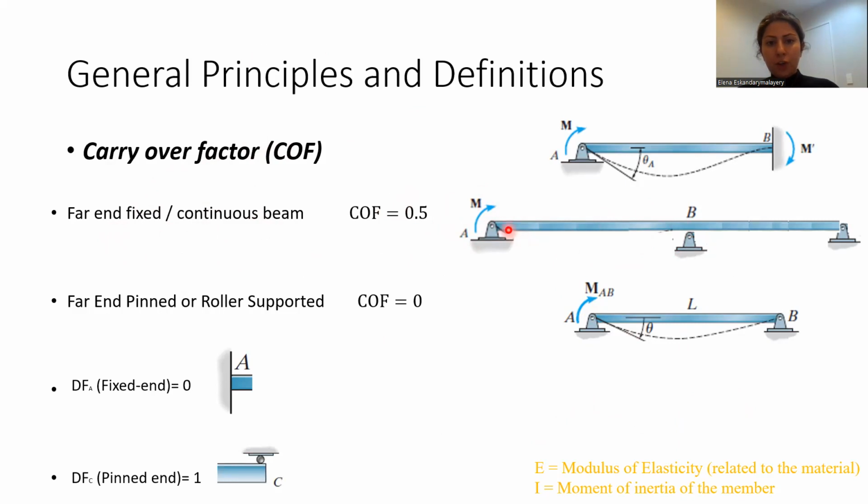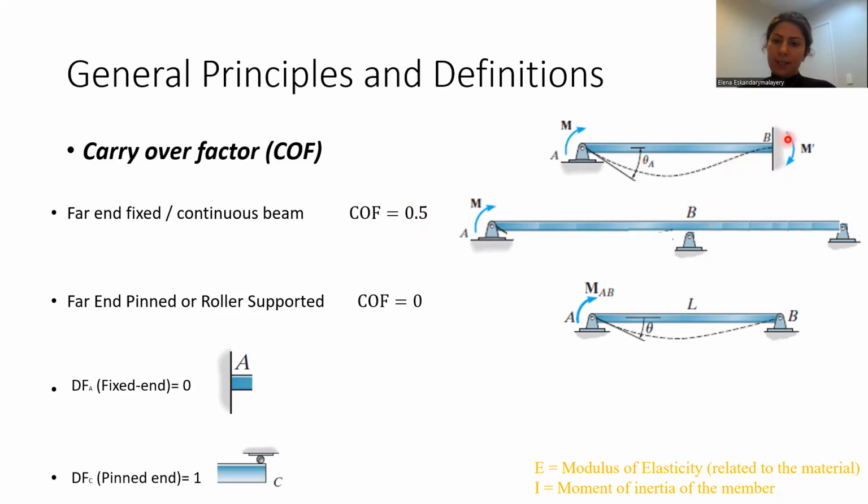For example, if you're calculating the carryover factor at A, it means if you apply a moment at A, half of this bending moment will carry over to joint B. And again, if you're standing at A and apply a bending moment, the moment transferred to the other end, if it is fixed, is 0.5.